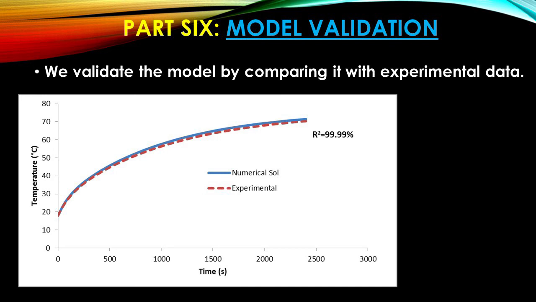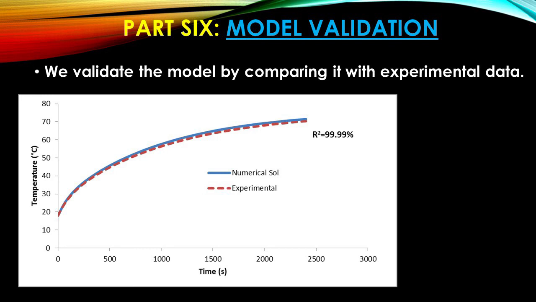So you come up with this model, thought to be a good model, and then you go to the lab, you conduct experiments, and then you compare your mathematical prediction with your experimental findings. We've got the blue one, which is your numerical solution, what MATLAB predicted, and you got your experimental data.